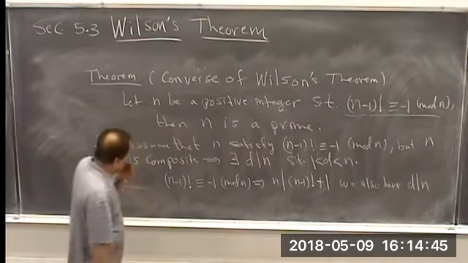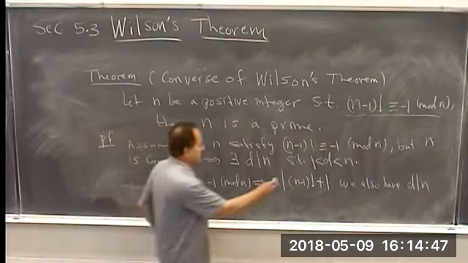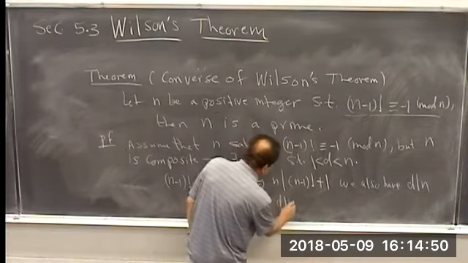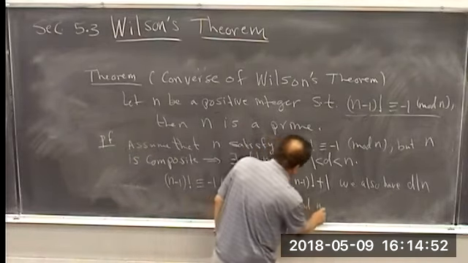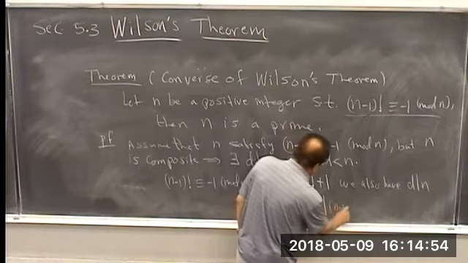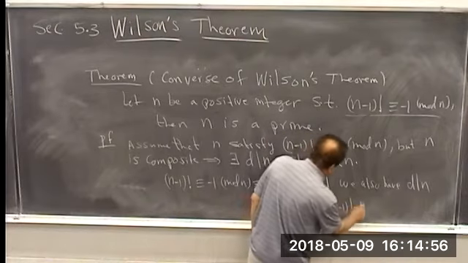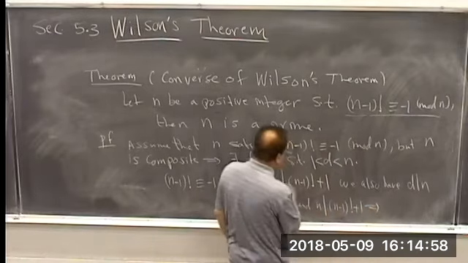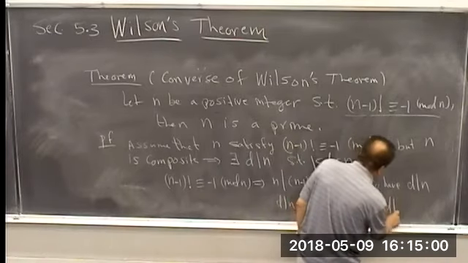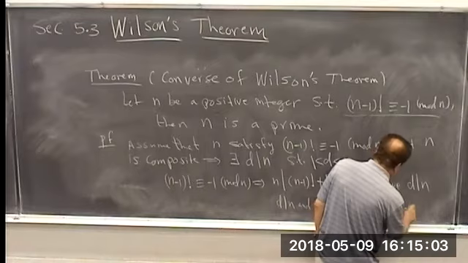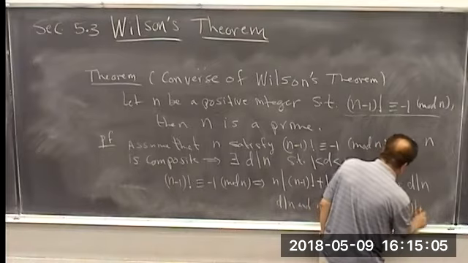Then we can use the transitive property: d divides n, and n divides n minus 1 factorial plus 1, implies d divides n minus 1 factorial plus 1.